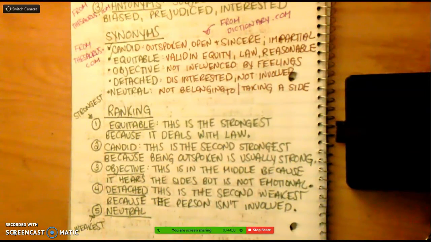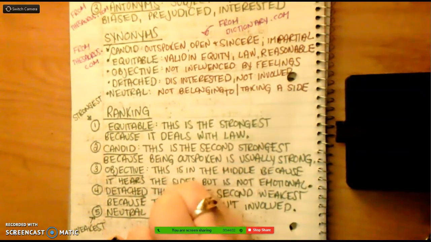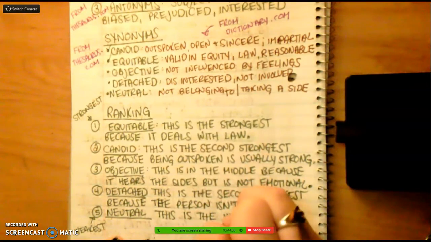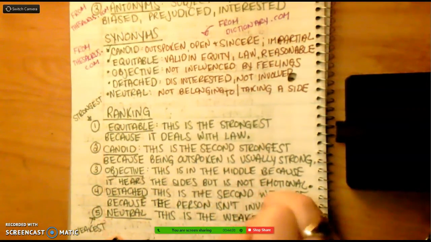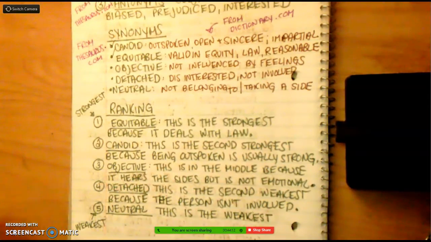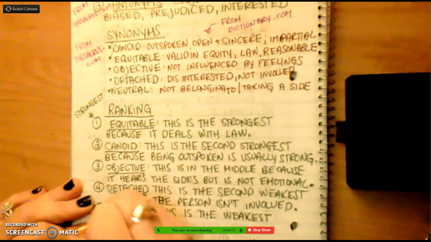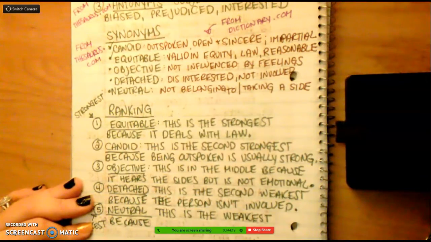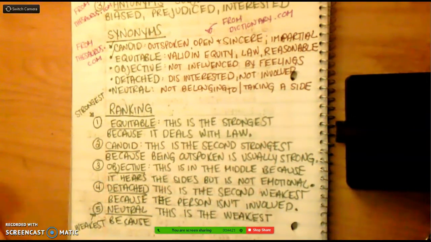And neutral. This is the weakest because it chooses not to even take a side. It doesn't even belong to a group.